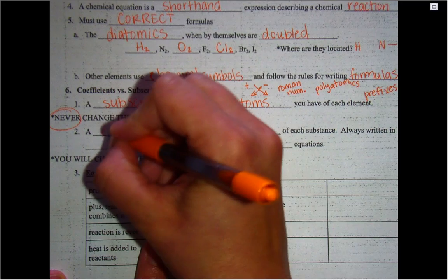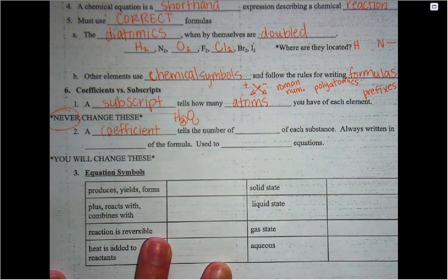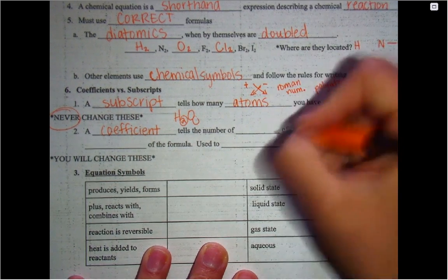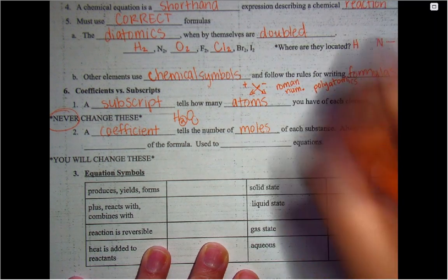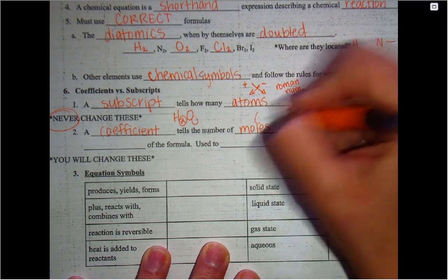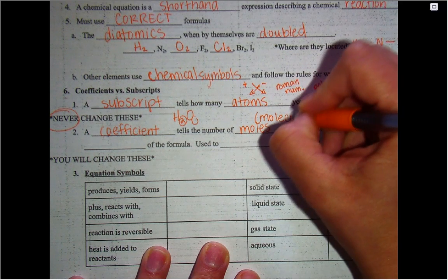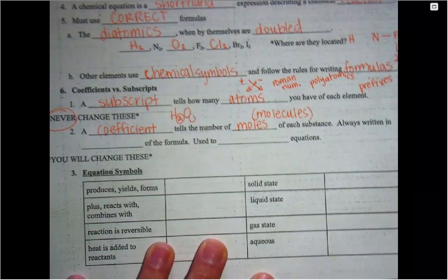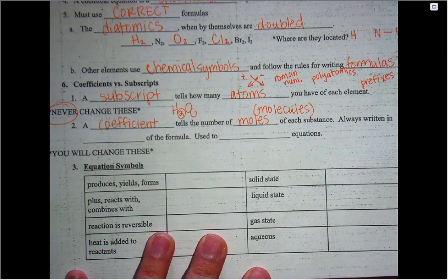All right, a coefficient tells the number of moles of each substance. You can put molecules right above it, okay? Because you guys don't know what moles are yet. We're going to learn that one too.